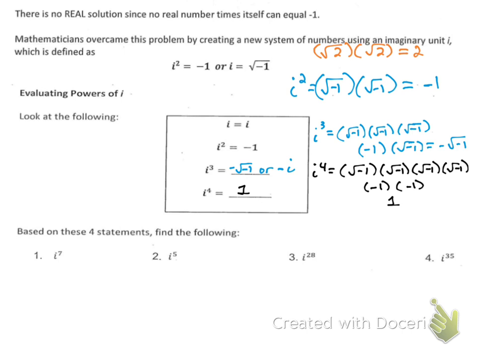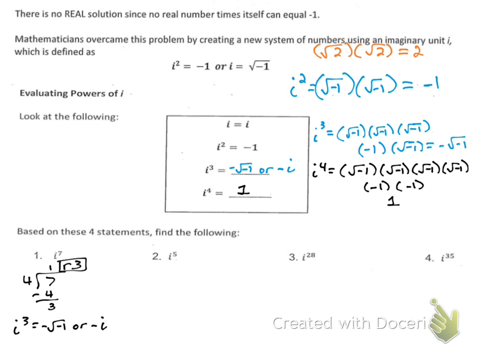So for example, i to the 7th: we're working in patterns of 4, so we'll divide the exponent by 4. How many times does 4 go into 7? 1 time. What's my remainder? 3. So i to the 7th simplified would be i cubed, or negative i.